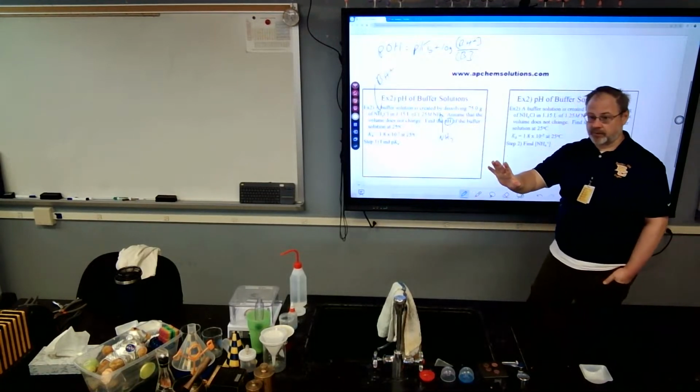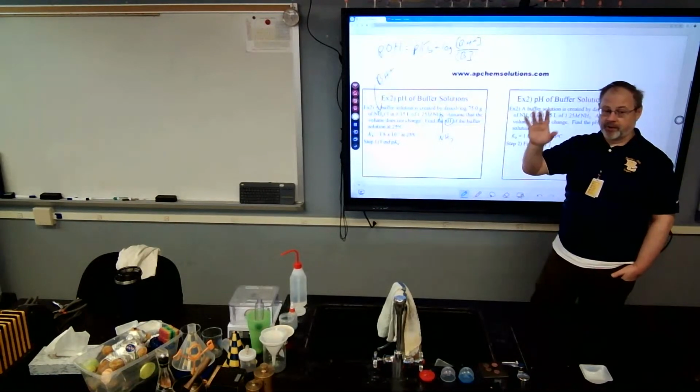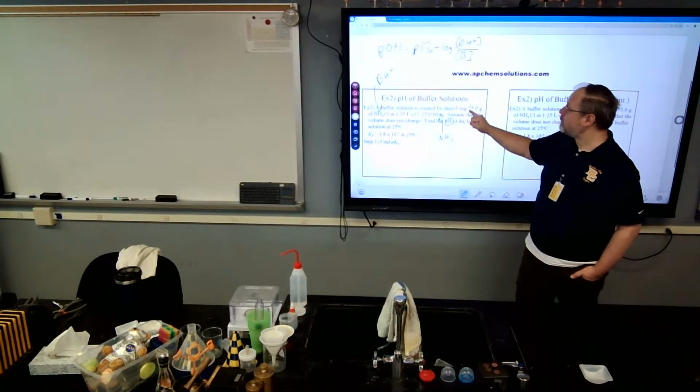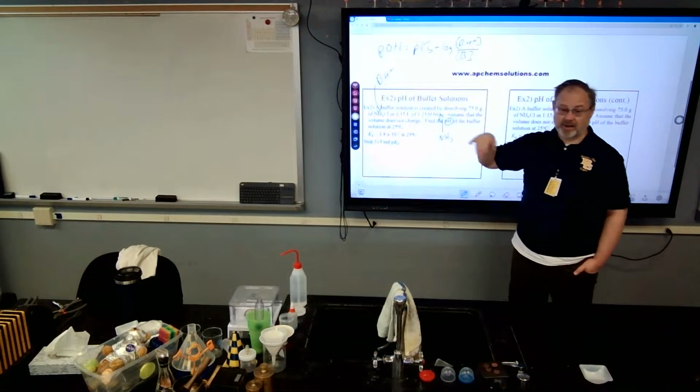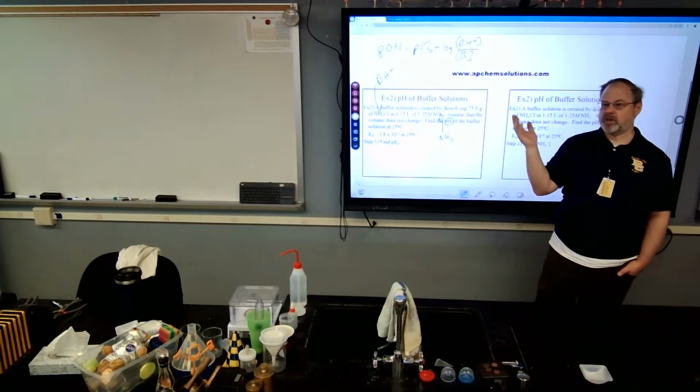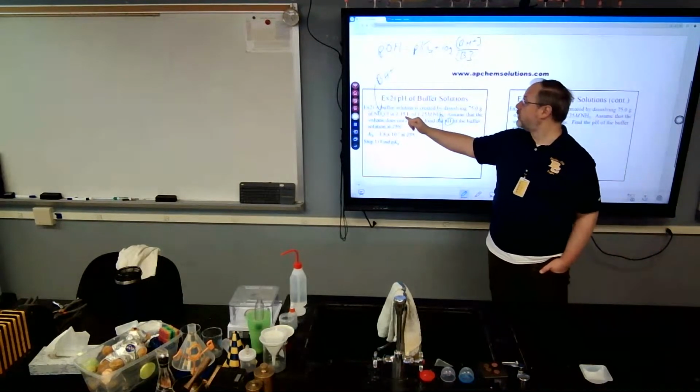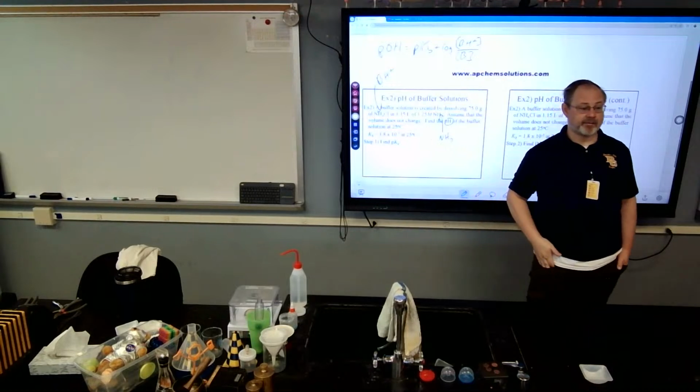Does what I said make sense? In the previous exercise, we found out how many moles of the other thing there was, and we divided by 1 because we just needed molarity. In this case, the volume is not 1, it's 1.15.